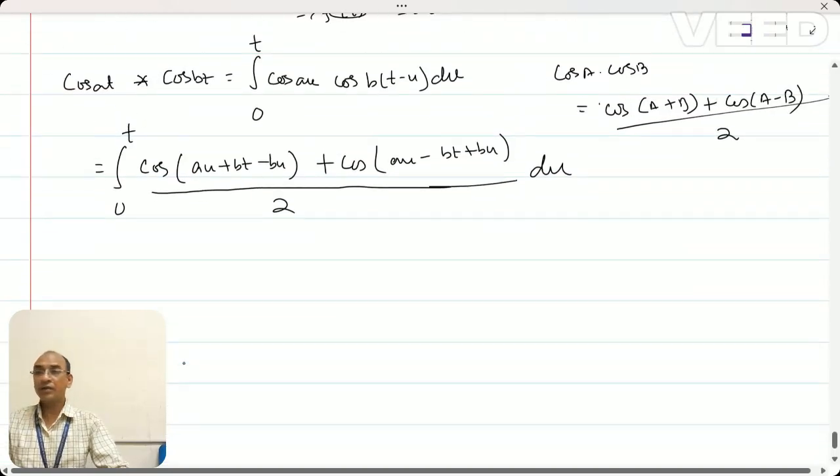Okay, and so further we will simplify it, integration 0 to t.